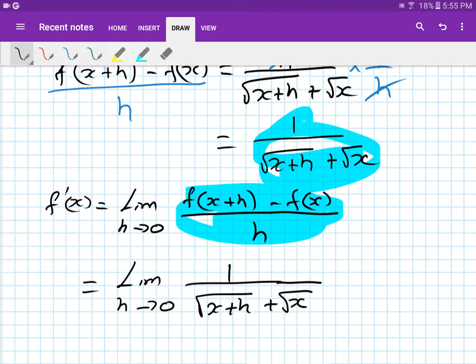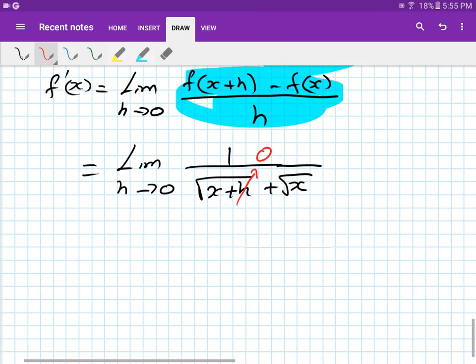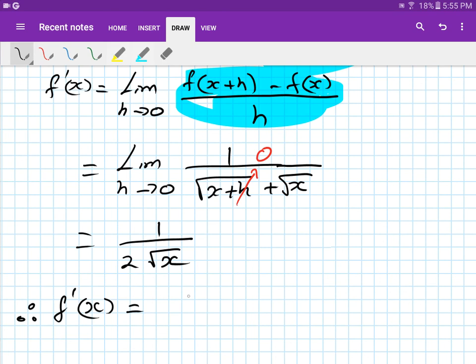Now, when h approaches 0, this one becomes 0. So now this will give me 1 over square root of x plus square root of x, so 2 square root of x. Therefore, f dash x is equal to 1 over 2 root x.